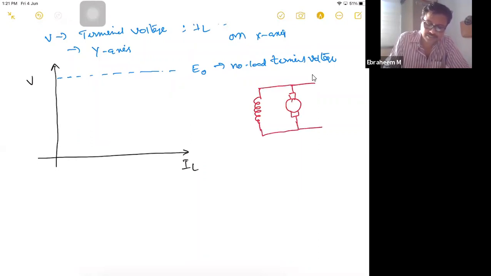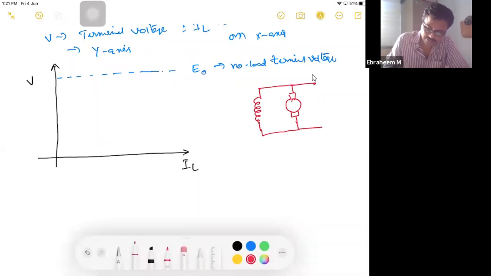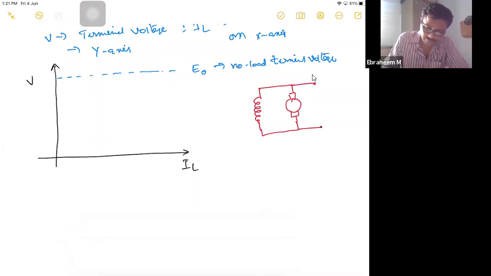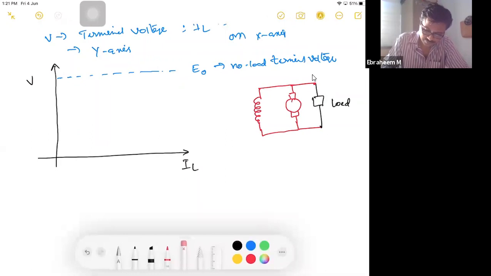For example, if you take a shunt generator, here we connect a load, right? This is the load. Here generally a switch will be there. This is the switch. This switch is closed only after the armature is rotated to rated speed.